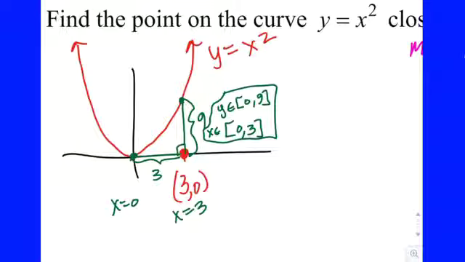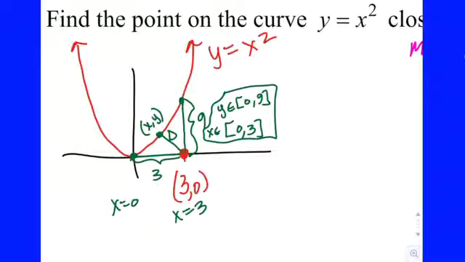Now, can we just assume the closest distance is 3 at the vertex? No, because guess what? It might actually be somewhere on the interior. So I'm going to draw this line to here, and I don't know what that distance is, but I'll call it big D. And what is the coordinate of this point? Well, you can call it either (x, y), or you can actually call it (x, x squared) if you want.